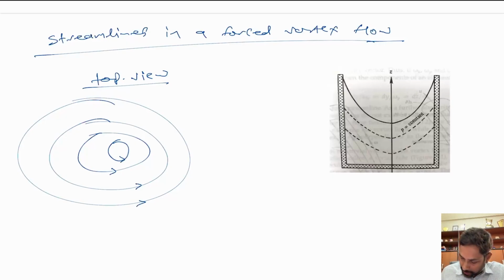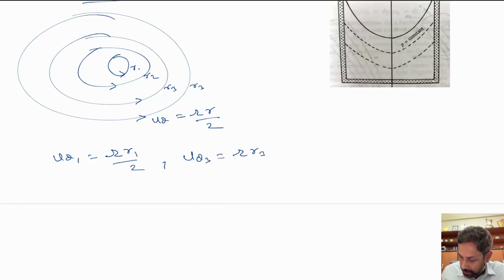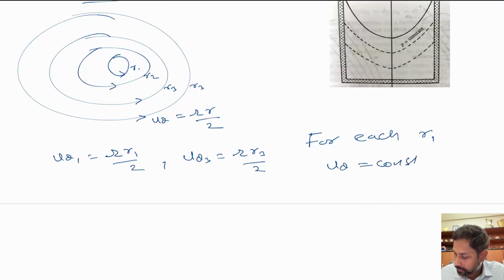And that is why this u theta that we have is a function of omega r by 2. So at each r, let's say this is r1, this is r2, this is r3, this is r4. So u theta 1 will be omega r1 by 2, u theta 3 will be omega r3 by 2, etc. So for each r, u theta is constant, right? So for each r value we know that u theta is constant.